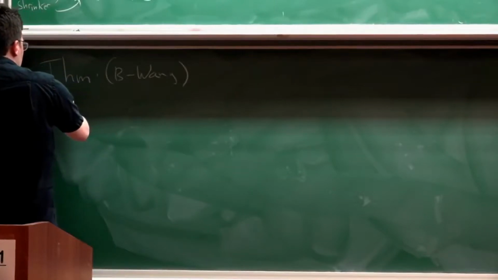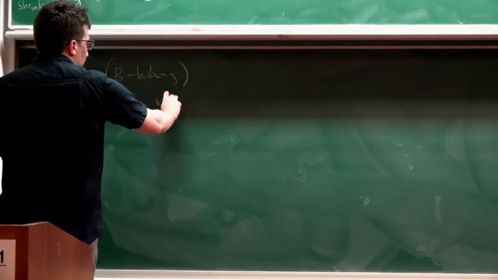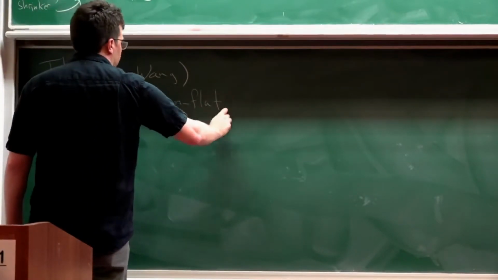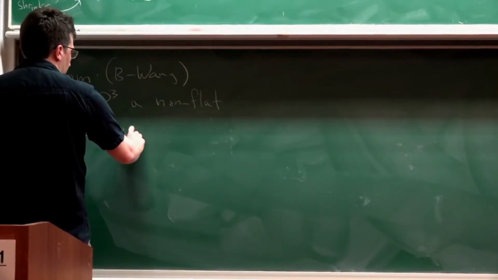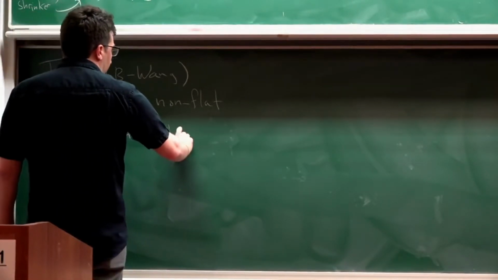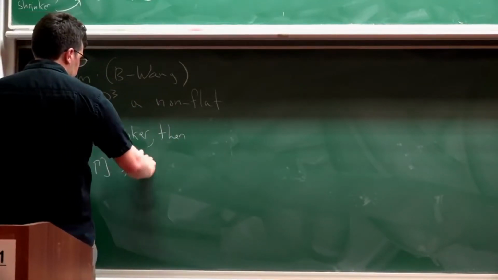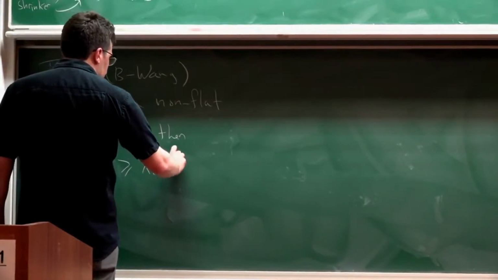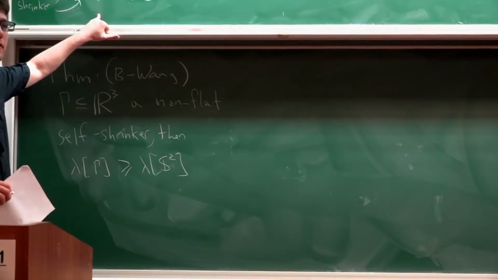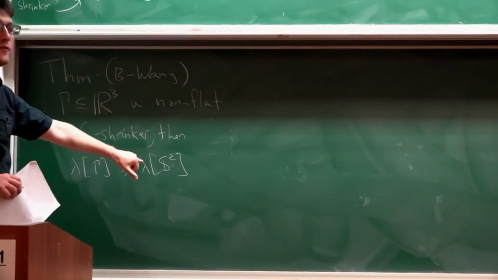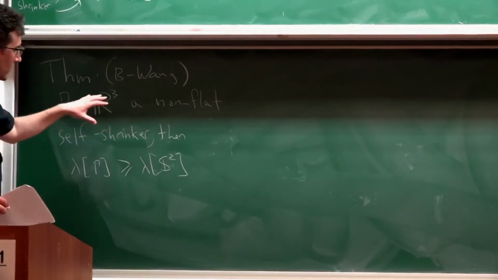So if gamma is a non-flat self-shrinker, then in fact, in dimension 2, we have the optimal value for this Brocchi regularity theorem, and it's achieved by the value of the round sphere. And in fact, we can prove a little bit more. I think I mentioned this, but I'll repeat.